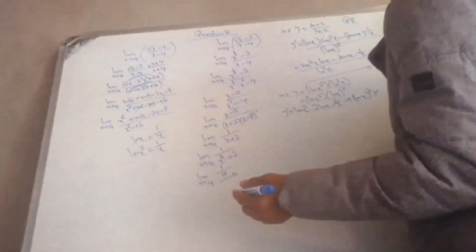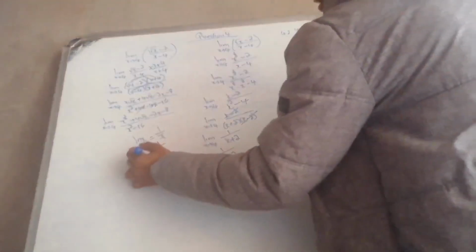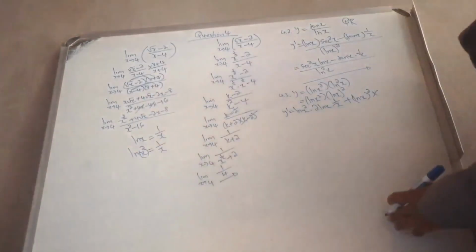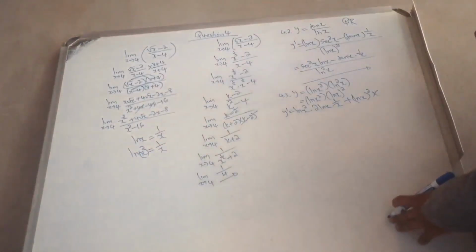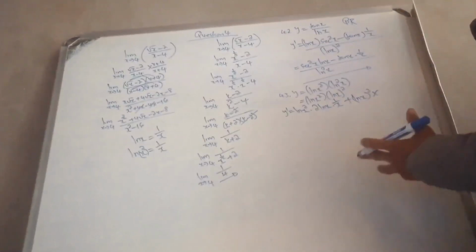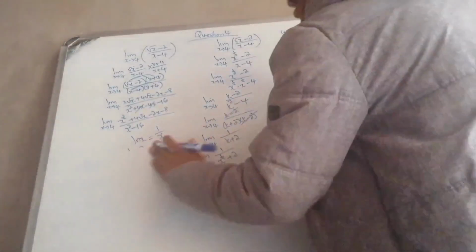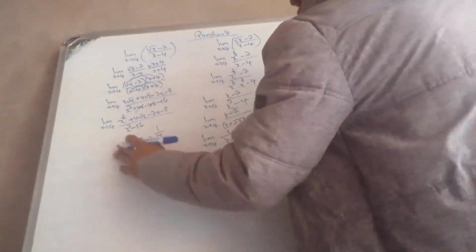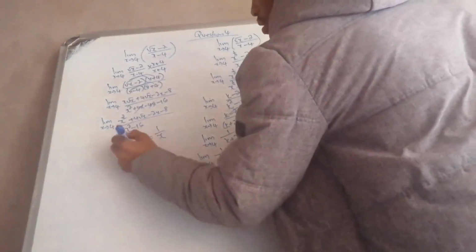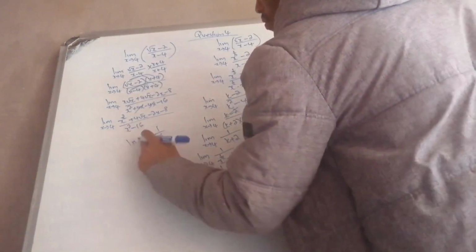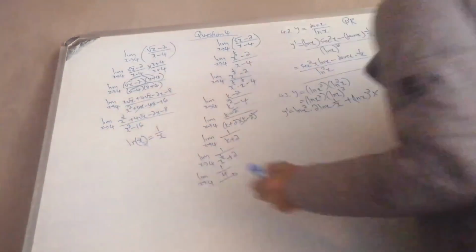Now, I know that the derivative of ln x is 1 over x. Let's try to look at this. The angle in ln x is x.